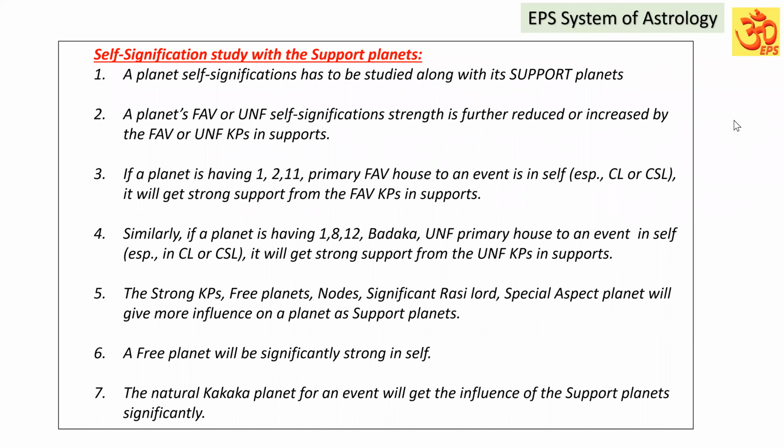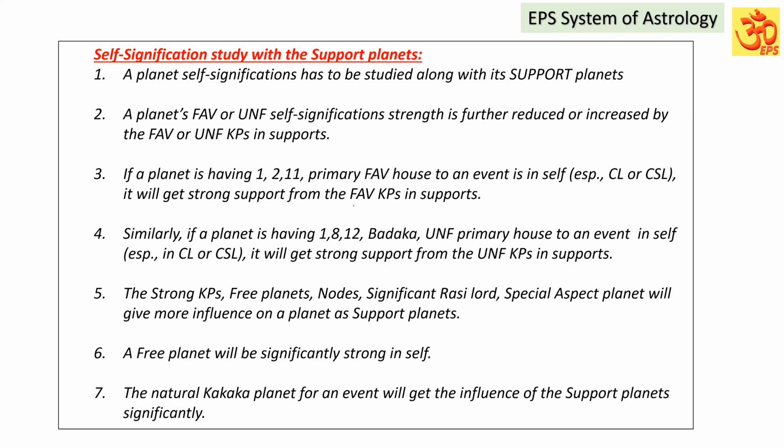The next important thing while studying the self-signification is studying each planet's self-signification strength along with the support planets it is having. We know that each planet will have some support planets by Rasilord, conjoined planet, aspected by planet, or aspecting to nodes, and other indirectly connected planets.